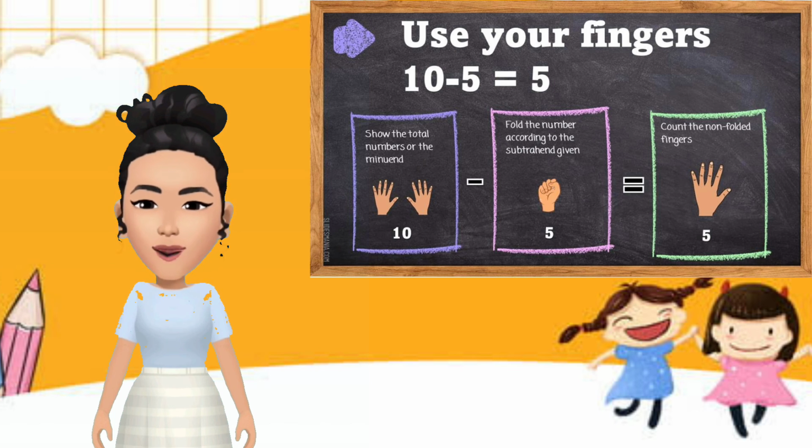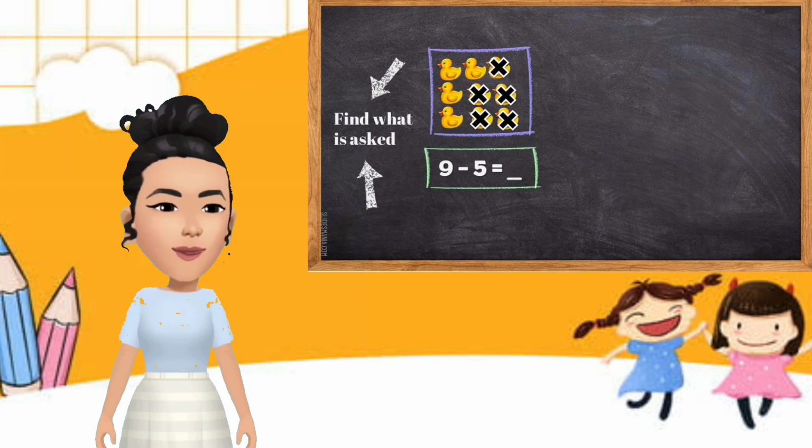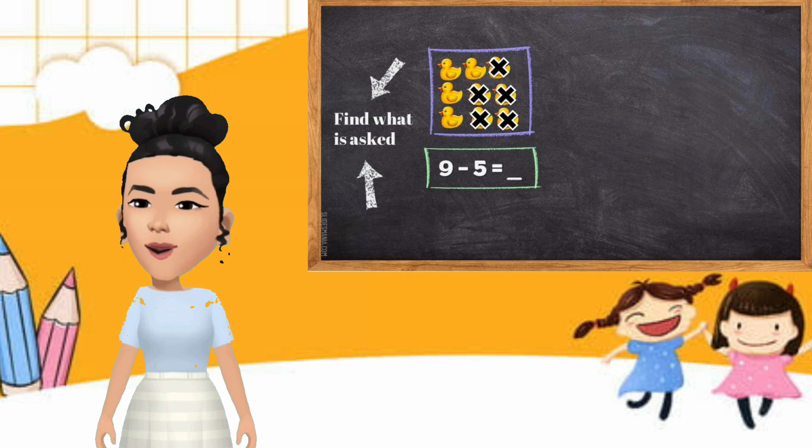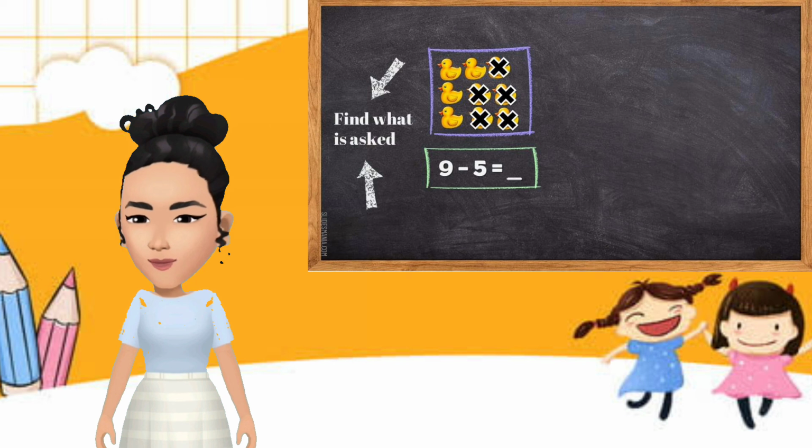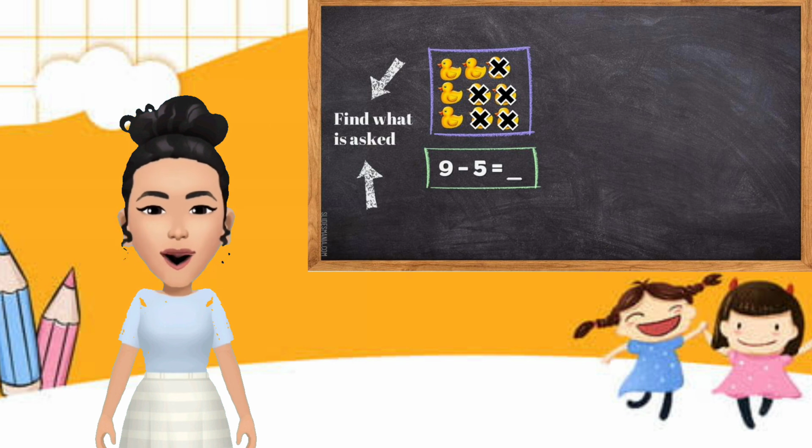Thank you so much. Alright, let's see if you really learned something today. Find what is asked. For our first example, we have 9 minus 5 is equals to, we don't know the answer. So using our picture, we will count all the objects that were crossed out or not.